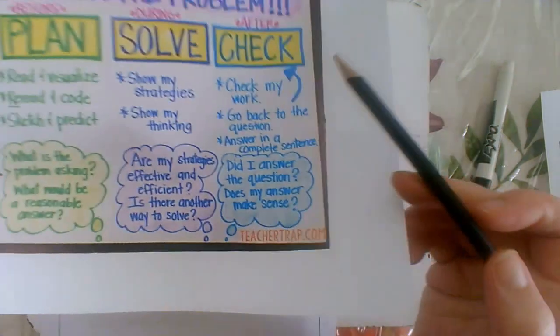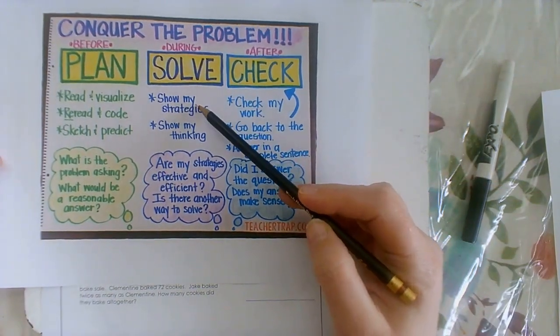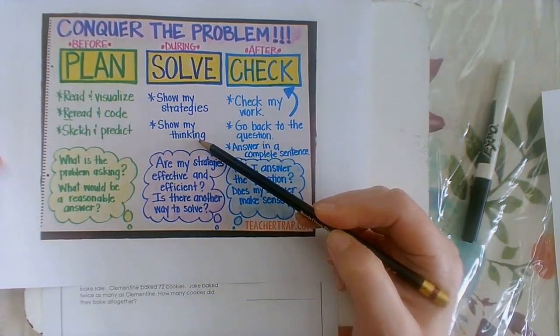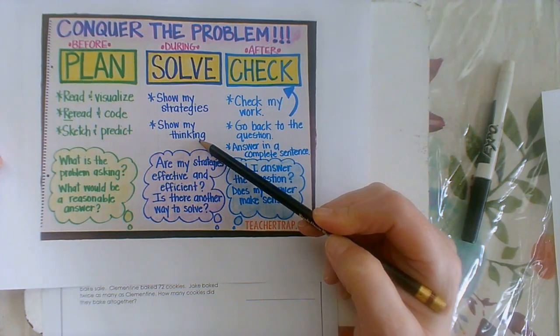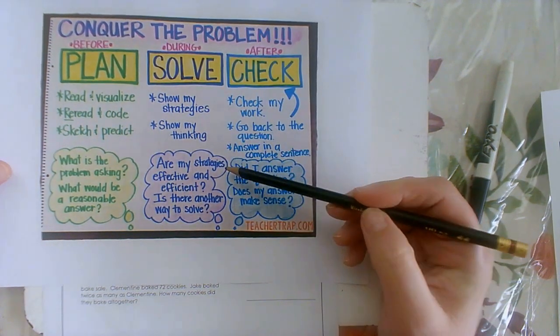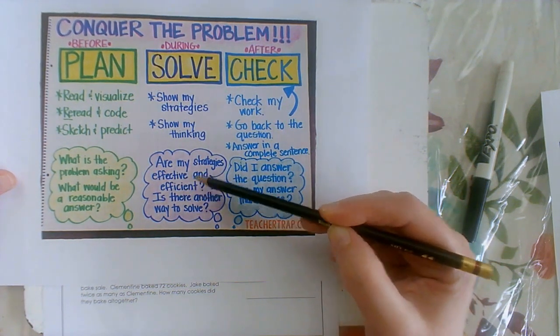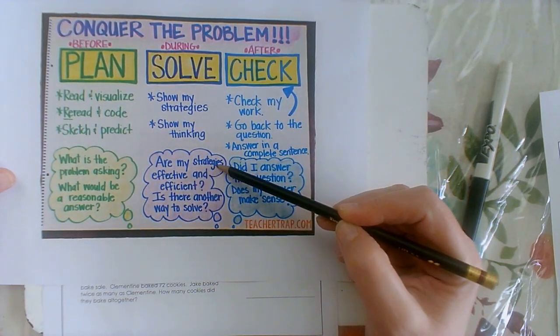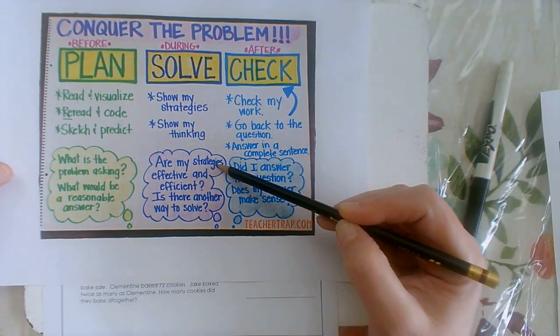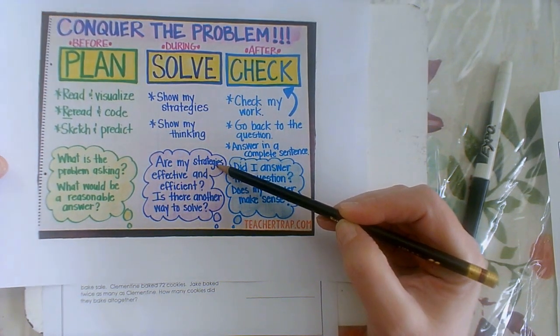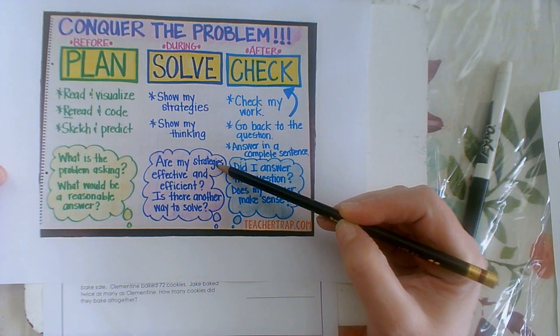And now I'm going to do this part, solve it. I need to show the strategies I use, show my thinking. I'm not just going to put the answer. Are my strategies effective and efficient? So that just means, do they work, and are they strategies that aren't going to take me a really, really long time to do?